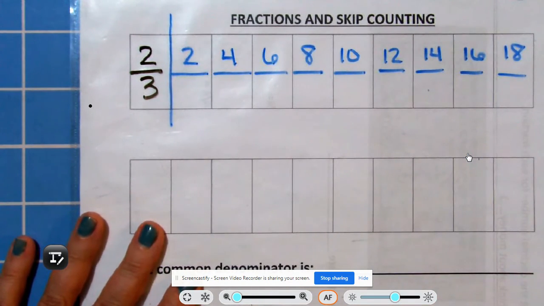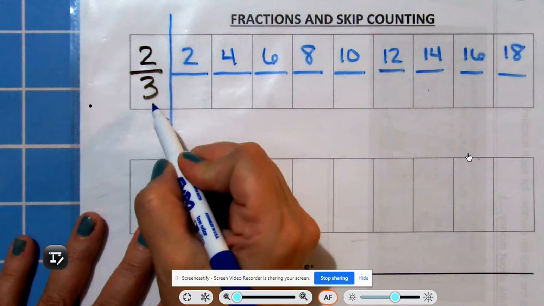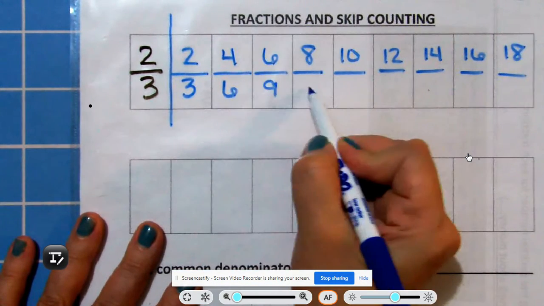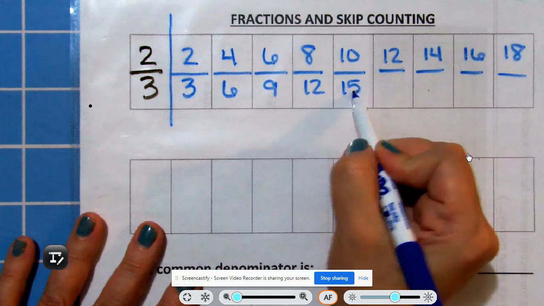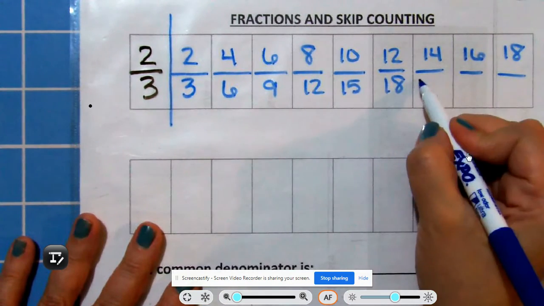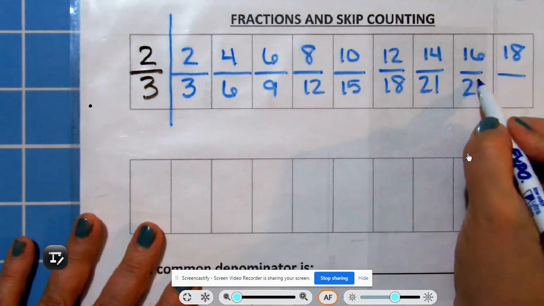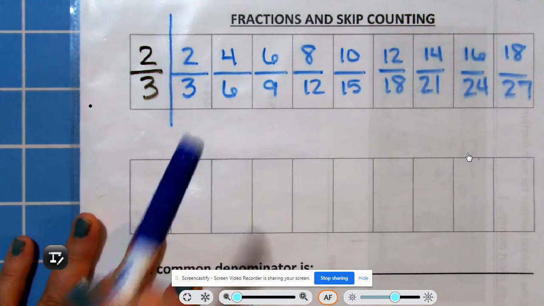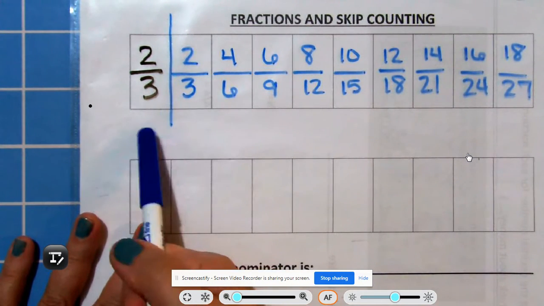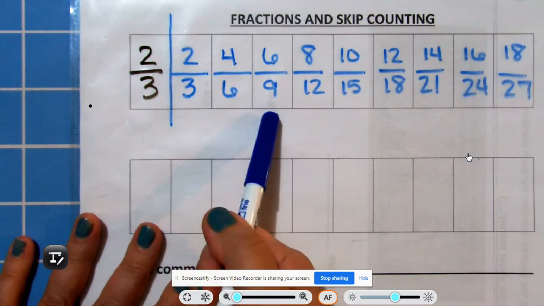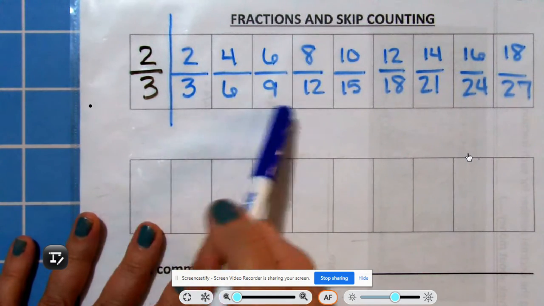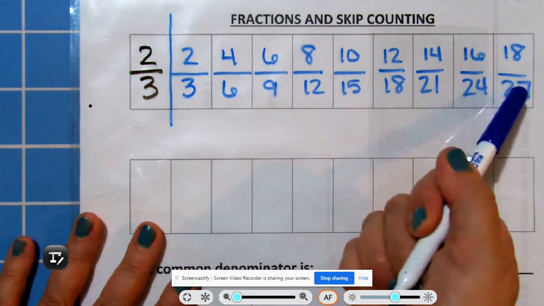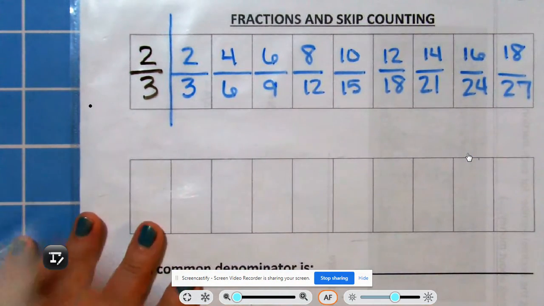All right, now we're counting by threes. 3, 6, 9, 12, 15, 18, 21, 24, 27. So 4/6 is equivalent to 2/3. 6/9 is equivalent to 2/3. 8/12, 10/15, 12/18, all of these fractions are equivalent to 2/3.